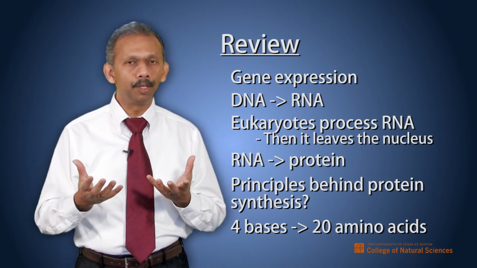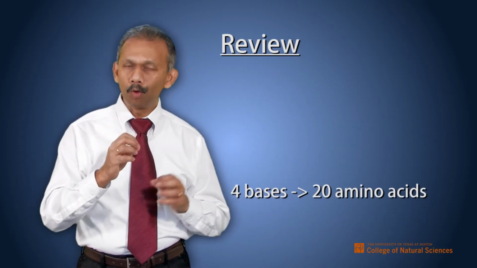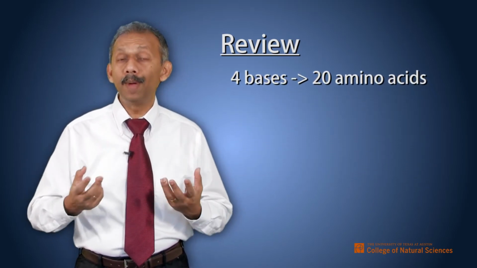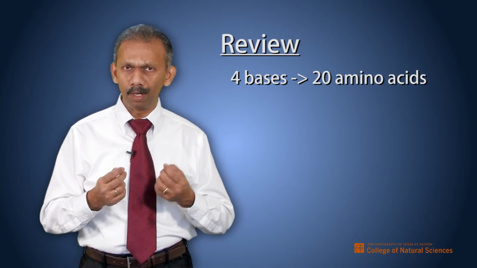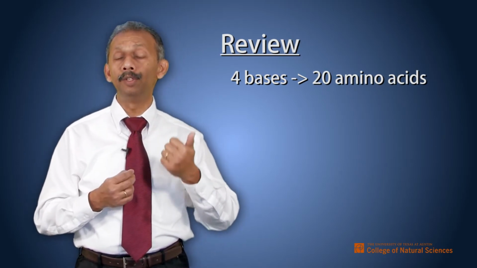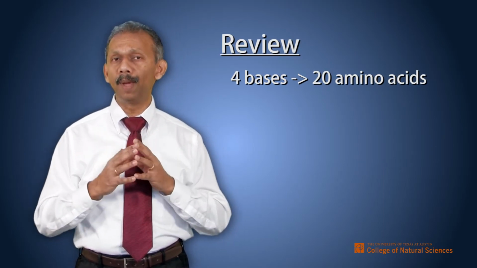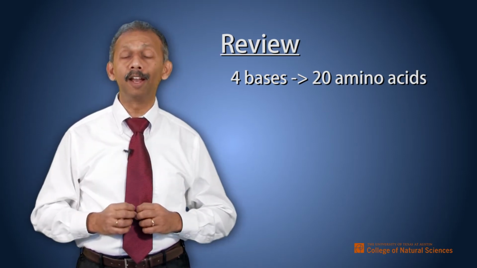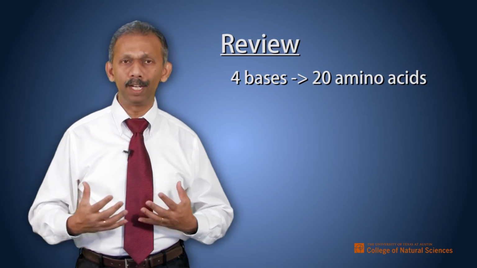That itself is a logical issue. If one base codes for 1 amino acid, you can make only 4 amino acids. If 2 bases code for 1 amino acid, like GA, GU, GC, then you can make 4 times 4, 16 amino acids. That is still not enough to make all 20 amino acids.